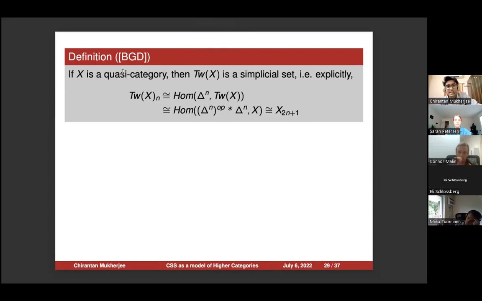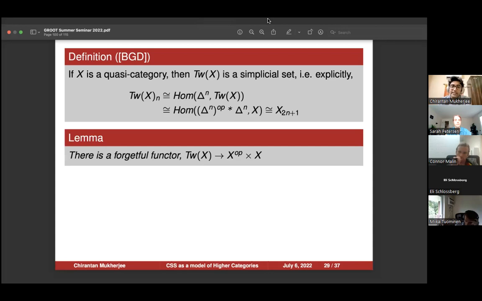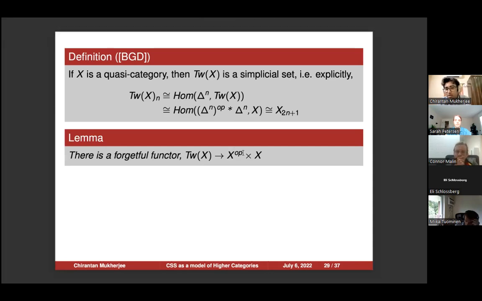Now, Barwick defined that if X is a quasi-category, then the twisted arrow of a quasi-category is a simplicial set, which is written explicitly as the n-level of the twisted arrow category is isomorphic to Hom of Δ^n, Tw(X), which is isomorphic to Hom of (Δ^n)^op concatenated with Δ^n, X, which is isomorphic to X_{2n+1}. There is a forgetful functor from Tw(X) to X^op times X, which takes an object f from c to d in Tw(X) to c, d, the source and target in the underlying category.